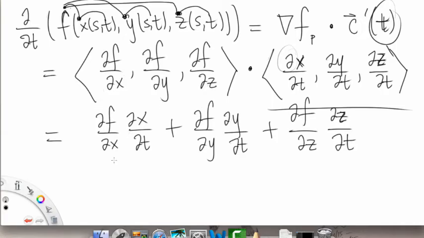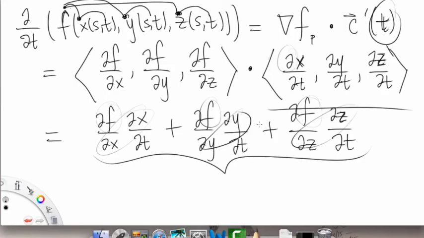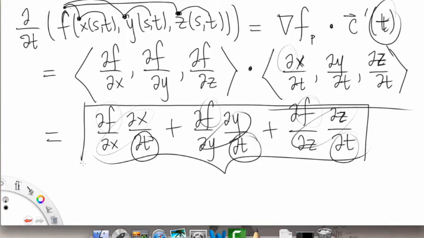So in this case, we're starting at f, going through the x, the y, and the z in order to get to our final result, which was the t. So this is another example of the chain rule.